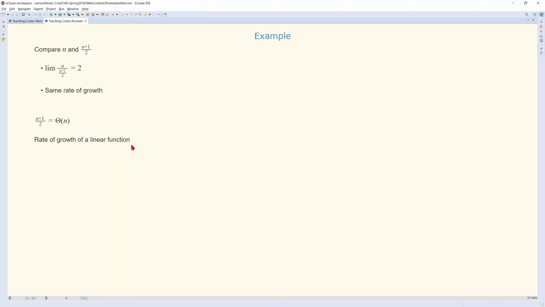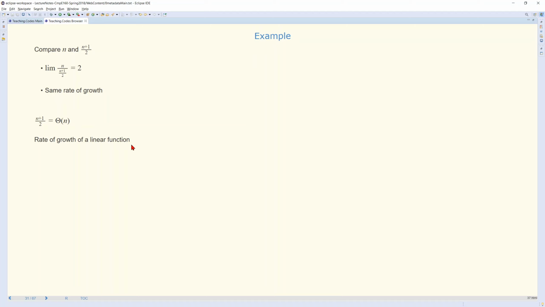So compare again two functions. f of n is equal to n, and g of n is equal to n plus 1 over 2. So we take the limit of n over n plus 1 over 2, which is equal to 2. I don't care if it's 2 or 3 or 1,000 or 10,000. The important thing is it's a constant value.